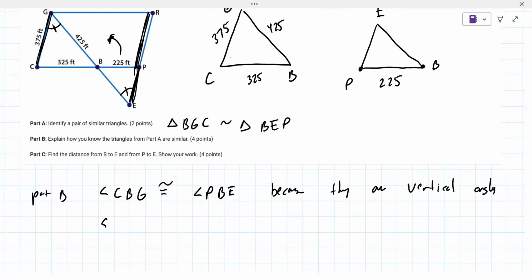we did this yesterday, since GRPC, get the right order here, since GRPC is a parallelogram, yep, you can say that.